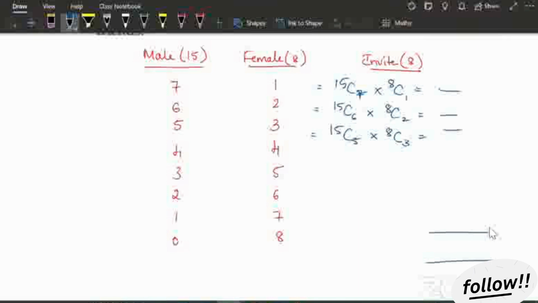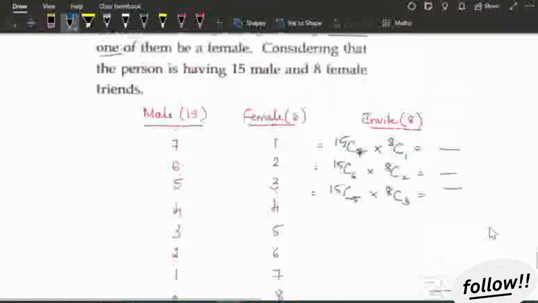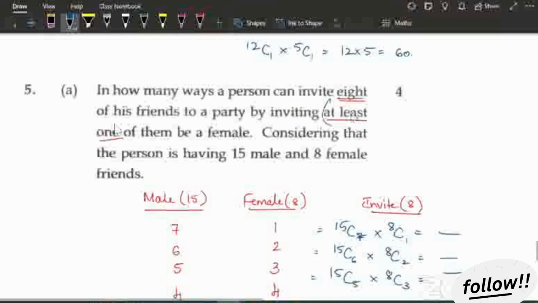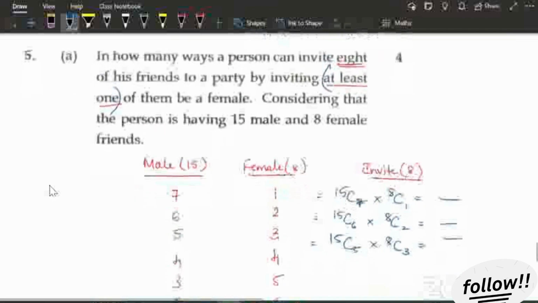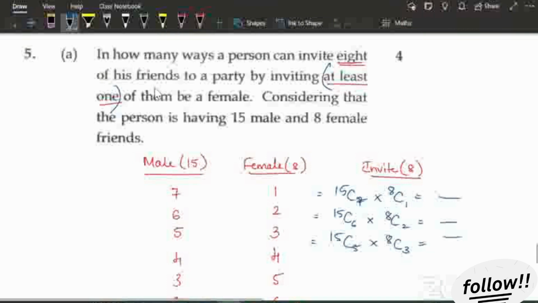But whenever you have "at least one" in the question, for a second, think how many subcases you have here. There are 8 females, and he has to invite at least one of the females, and he has to invite 8 friends.